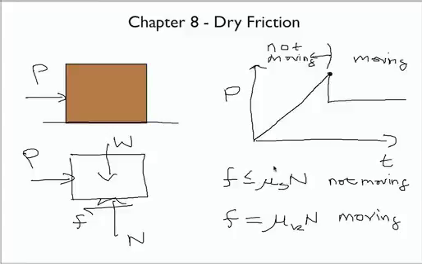That's a fine point, but one that will come into play when you're solving some problems on occasion. Then for the moving part, kinetic friction, if you're moving at a constant velocity, or moving at all, velocity doesn't come into it. Then this is actually a constant, and this always holds.